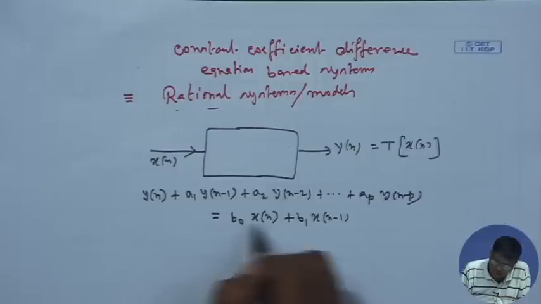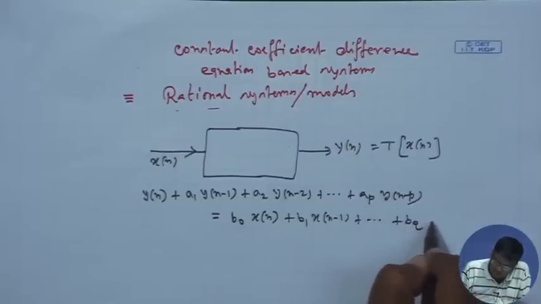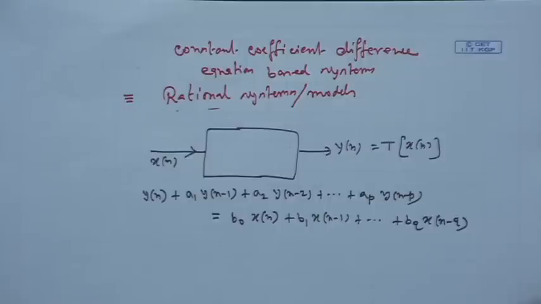Again, this is a constant coefficient b 0, this is a constant coefficient b 1, then b q. All right.